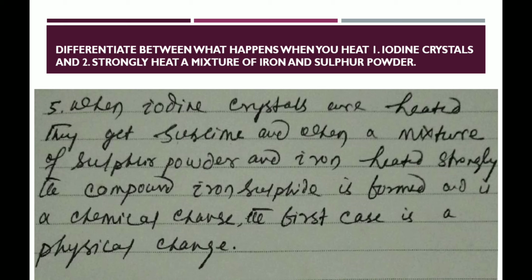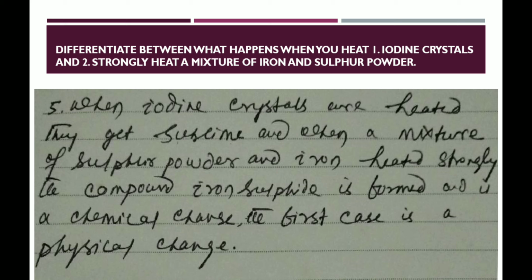Now the question number 5. Differentiate between what happens when you heat number 1, iodine crystals, and number 2, strongly heating a mixture of iron and sulfur powder. The answer.